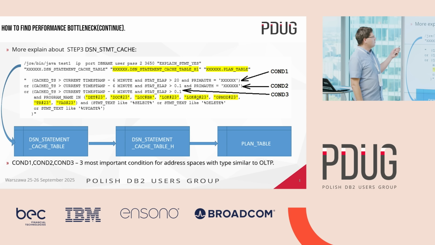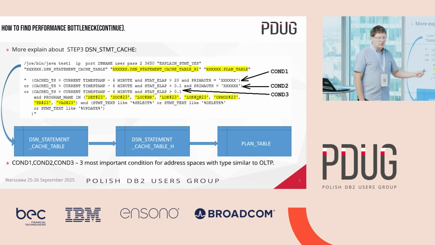This small application runs every 5 minutes and gets information from the DSN statement cache by SQL. I divide this SQL into 3 conditions.